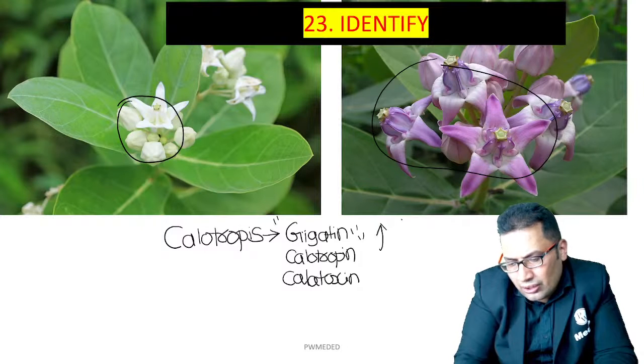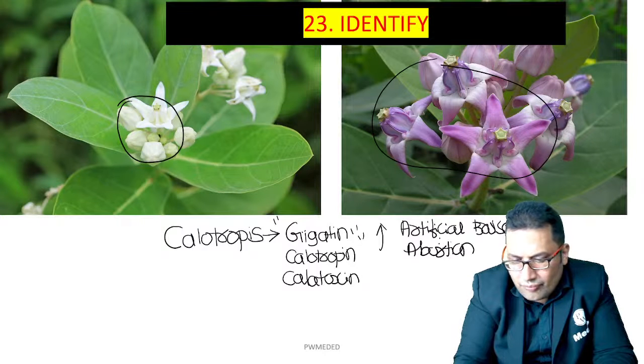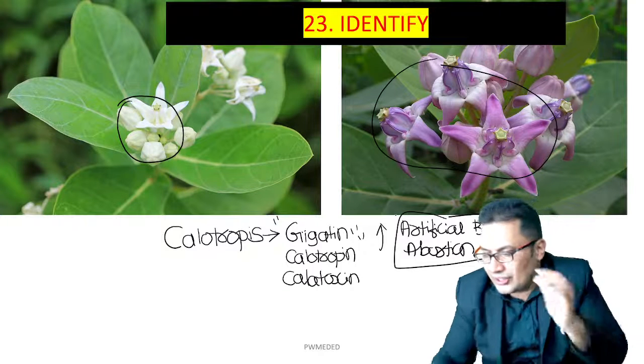It is used in artificial bruises and in case of abortion. Both are MCQs that can be asked in your exam.